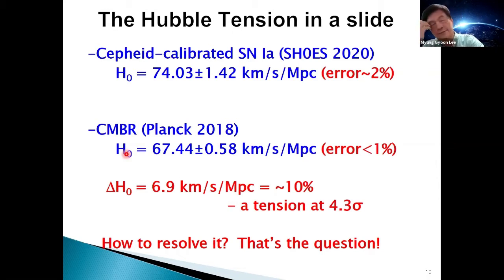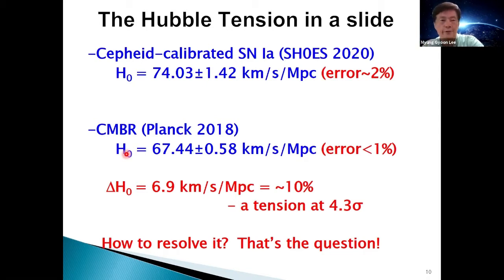On the other hand, Planck 2018, a value based on CMBR, is about 7 kilometers per second per megaparsec smaller than the Cepheid calibrated supernova Ia value. And their error is less than 1%. So the difference between these two measurements is 6.9 kilometers per second per megaparsec, which corresponds to about 10%.